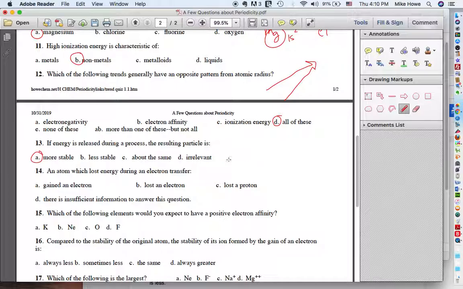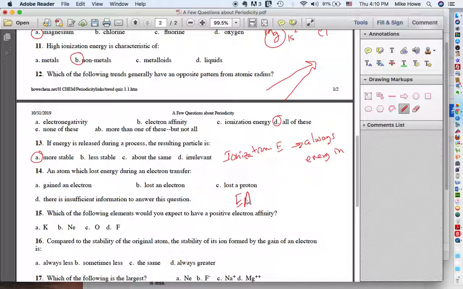So remember, ionization energy always requires energy. So I'm going to say always energy in.